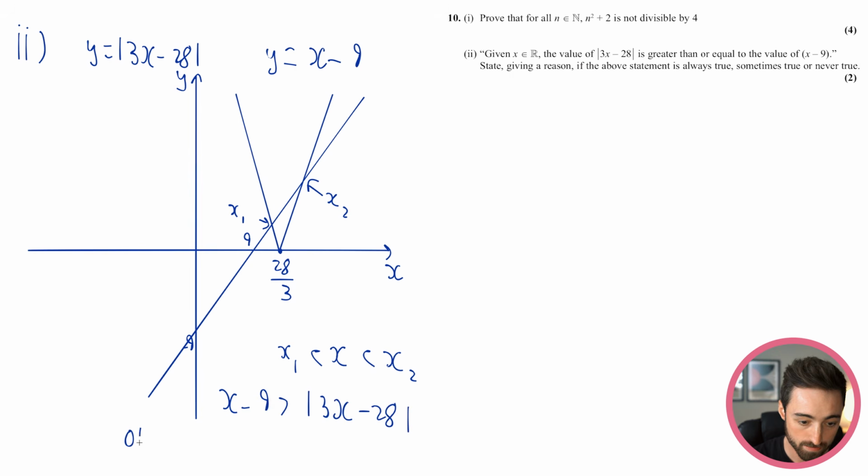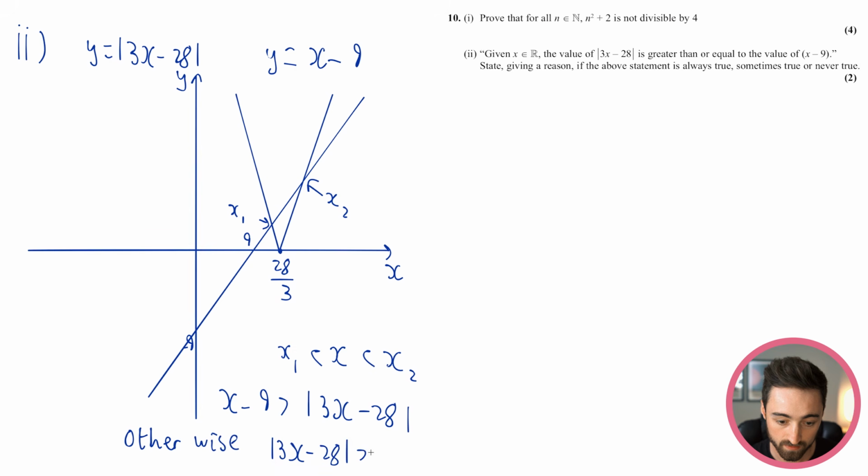Otherwise, the modulus is greater than or equal to it, because if x isn't in this little bit, the modulus is greater here, and here. So this statement is sometimes true.